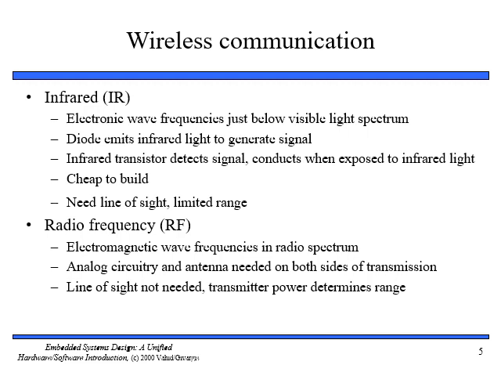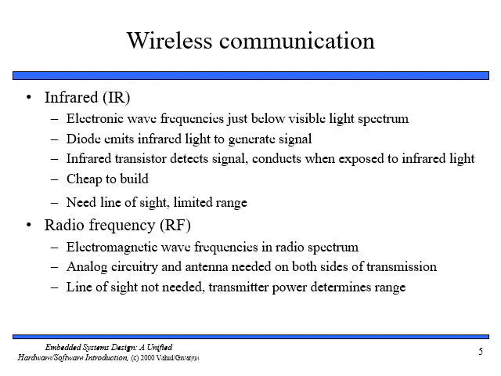Now the advantage of using infrared communication is that it is relatively cheap to build transmitters and receivers. The disadvantage of using infrared is that it needs line of sight between the transmitter and receiver, resulting in a very restricted communication range. The other wireless communication method is radio frequency.